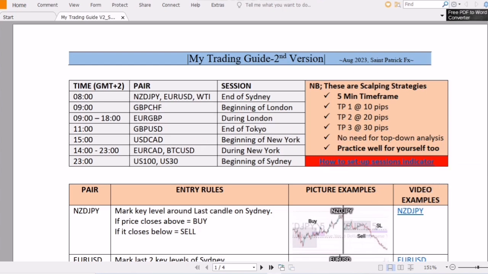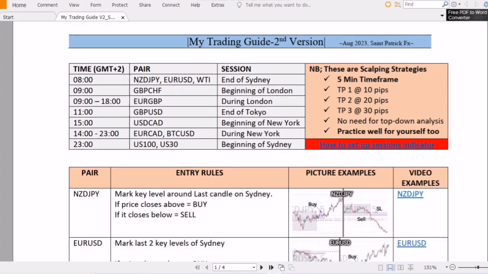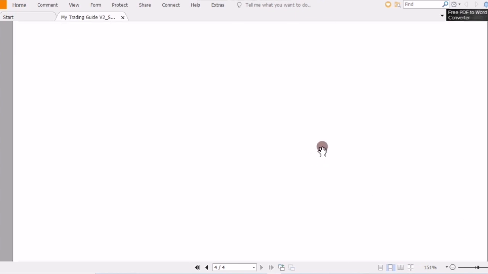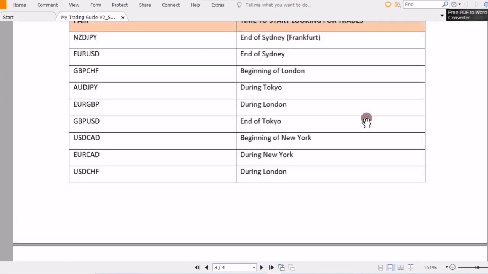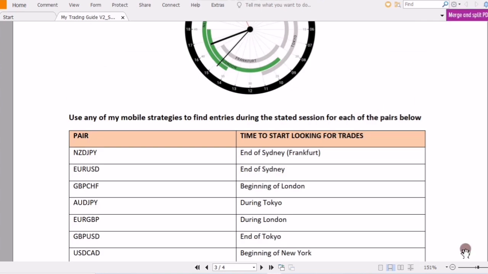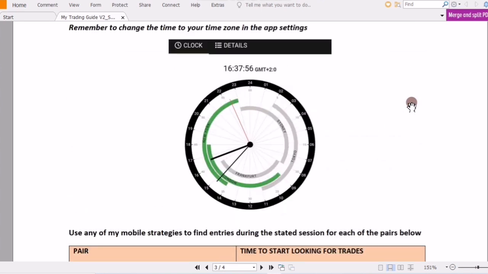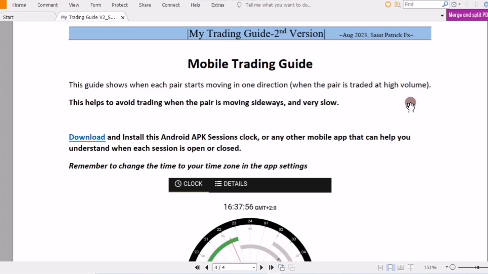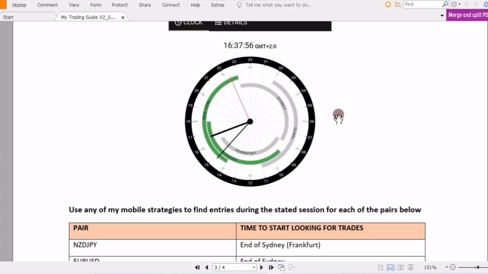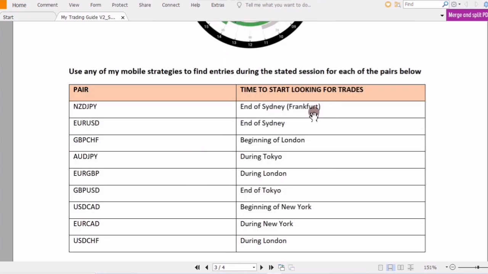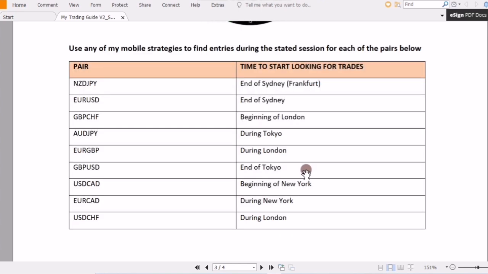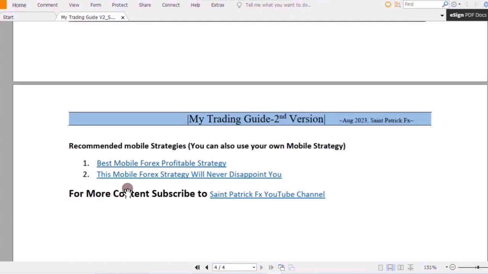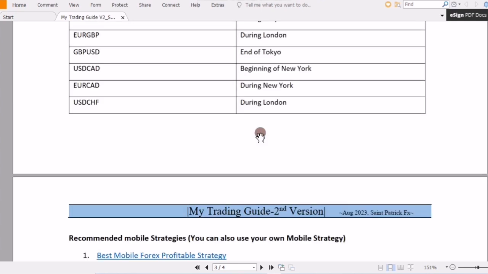For those trading on mobile, if you scroll to the bottom of the PDF, you're going to see a part that guides you on how to apply this document on your mobile phone. In short, it gives you the sessions when you are supposed to be looking to place trades. I have also suggested some strategies right here that you can use to enter the trades.